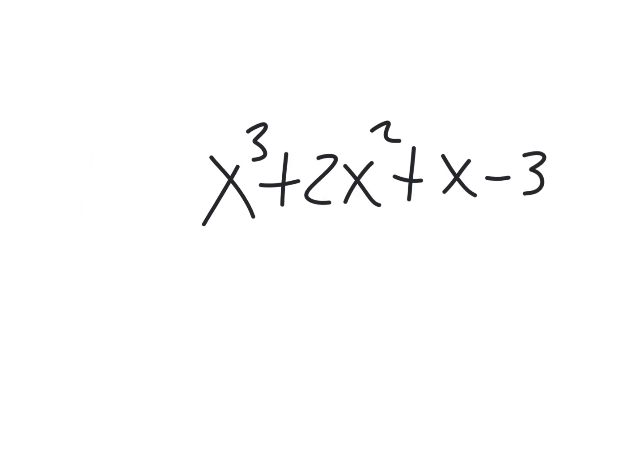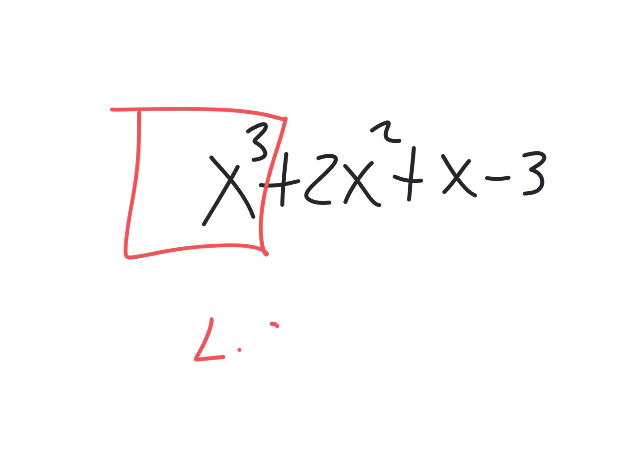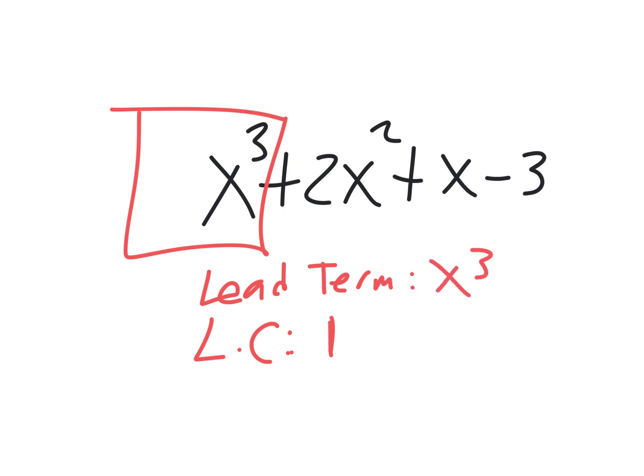The leading coefficient of this is not x to the third. What's the leading coefficient? X to the third is not called the leading coefficient. X to the third is called the leading what? Yes, the lead term would be x to the third. The lead coefficient is just the 1 in front of it.